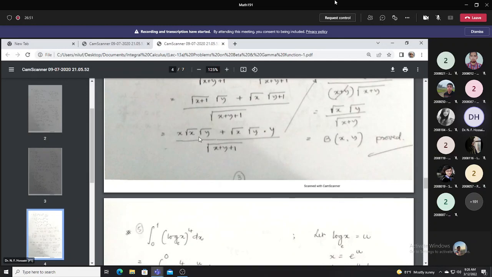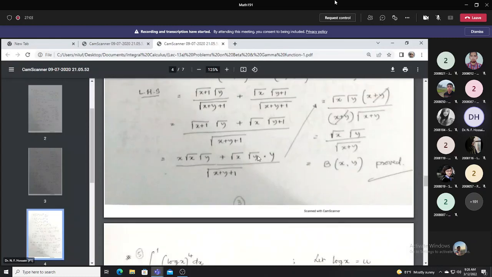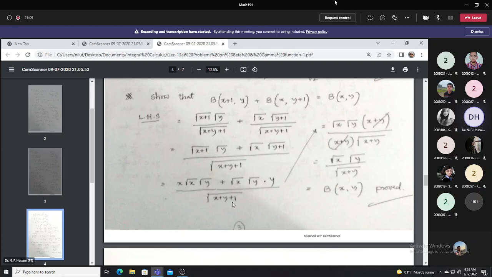So you see here which one is common? Gamma x into gamma y is common. So gamma x into gamma y into x plus y divided by gamma x plus y plus 1. And again, you know, this gamma x plus y plus 1 will be equal to x plus y into gamma x plus y. So this x plus y from the upper side and the lower side will be cancelled.